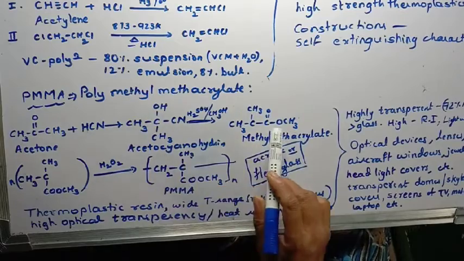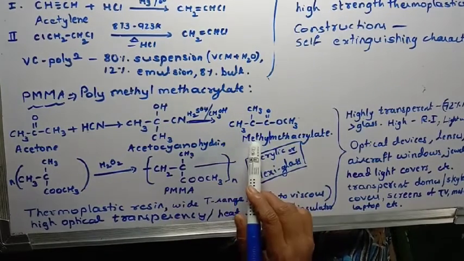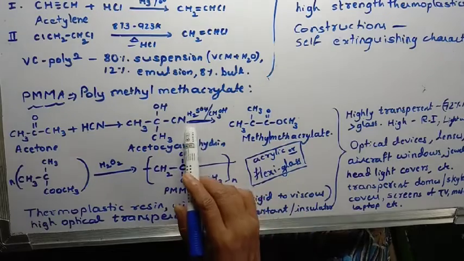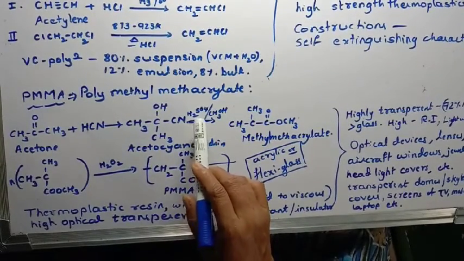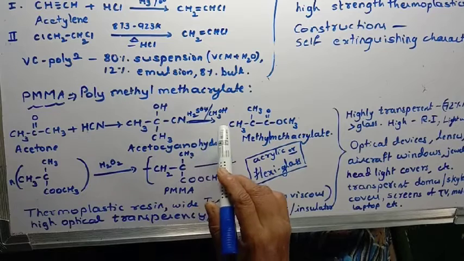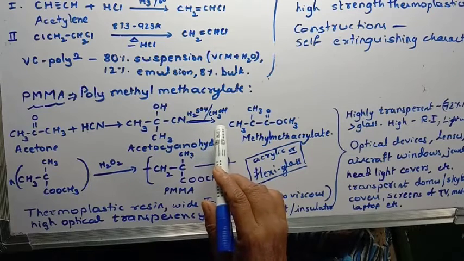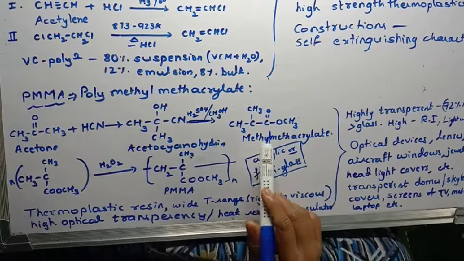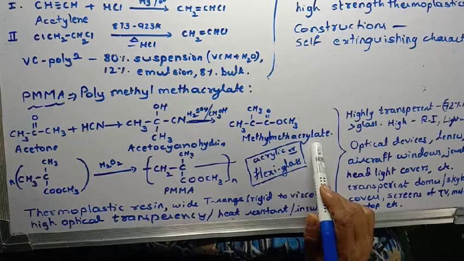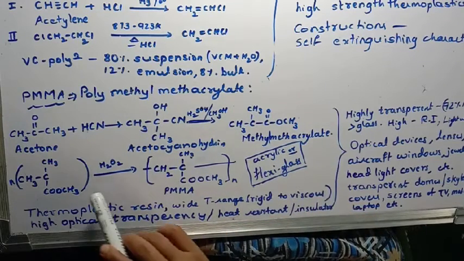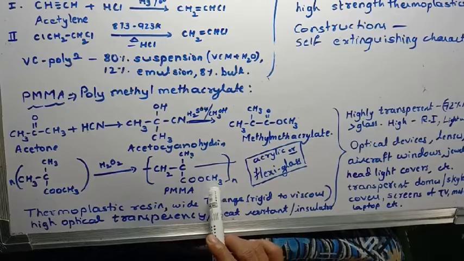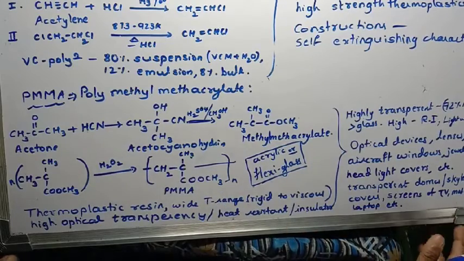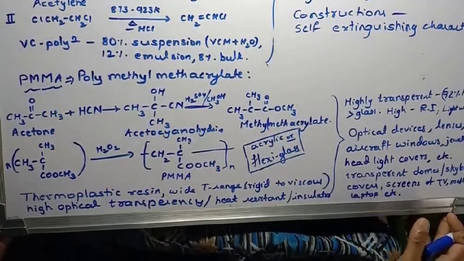During the formation of MMA, that is methyl methacrylate, the steps followed are first hydrolysis, then dehydration, then esterification. Thereby it gives the monomer MMA, and on polymerization it gives the macromolecule, that is PMMA.